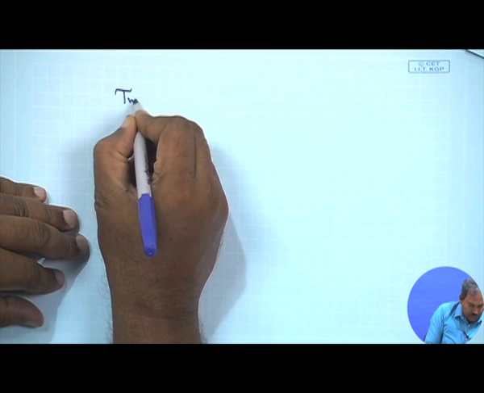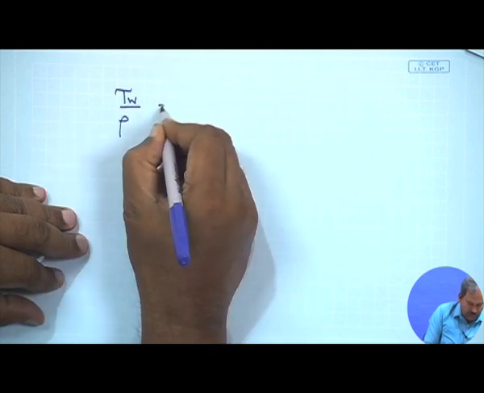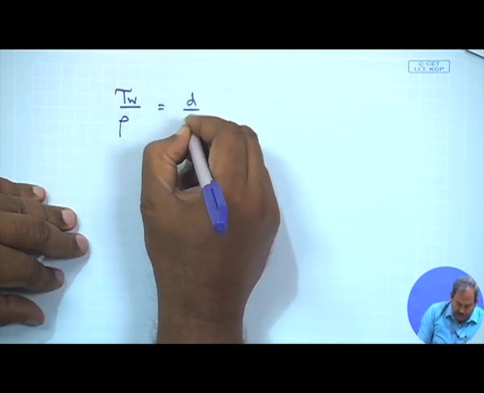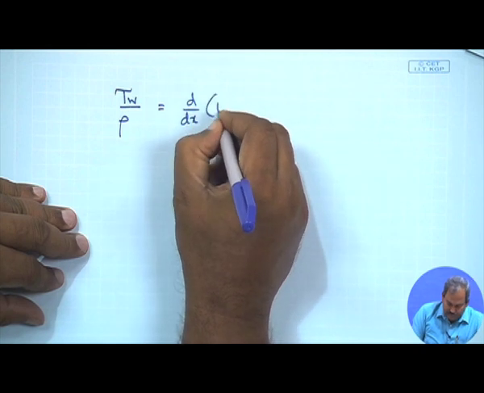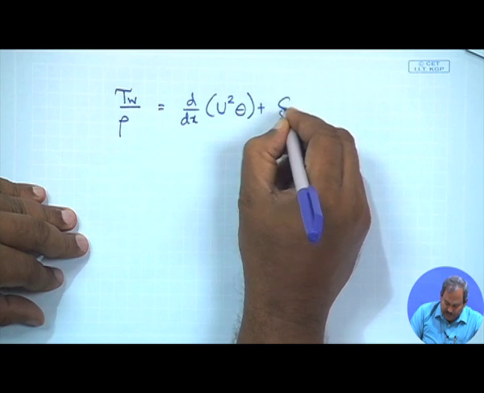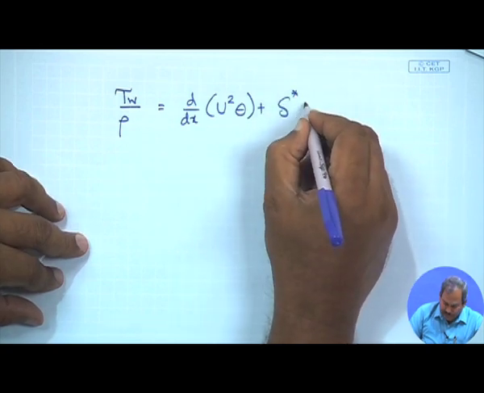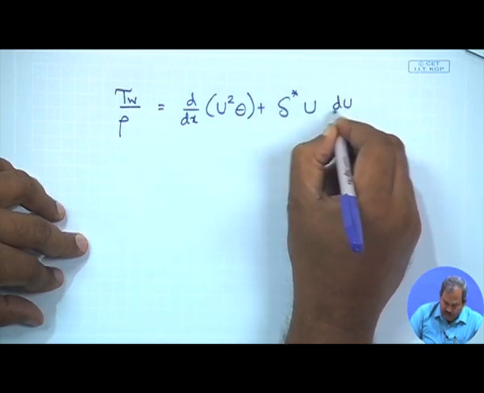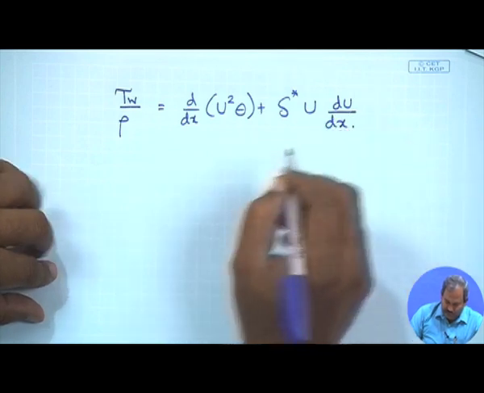What you get is tau w by rho is equal to d dx of u square theta plus delta star u du dx.